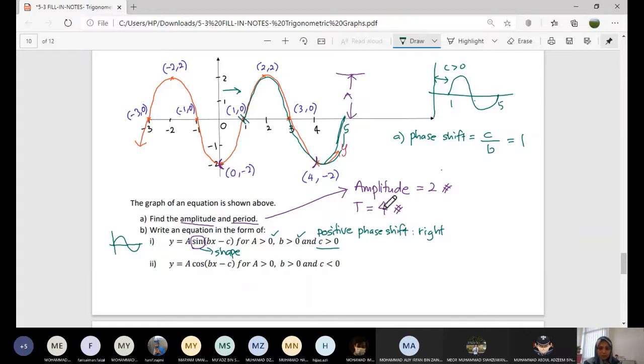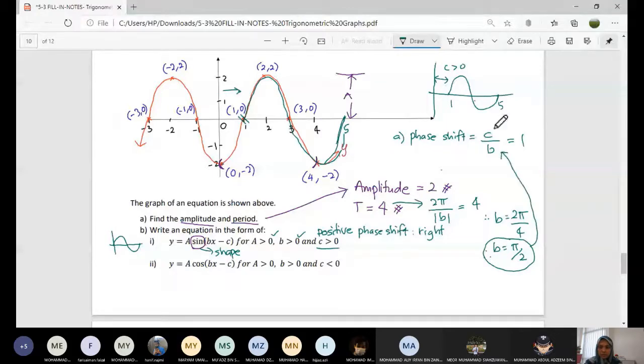Okay, and here from the period formula we have 2 pi over B. 2 pi over B is equals to 4. Thus your B is equals to 2 pi over 4, which is equals to pi over 2. Right? Pi over 2. Then we substitute B equals to pi over 2 in this formula to get what is the value for C.